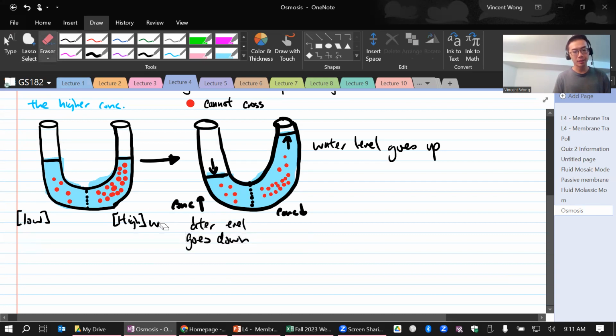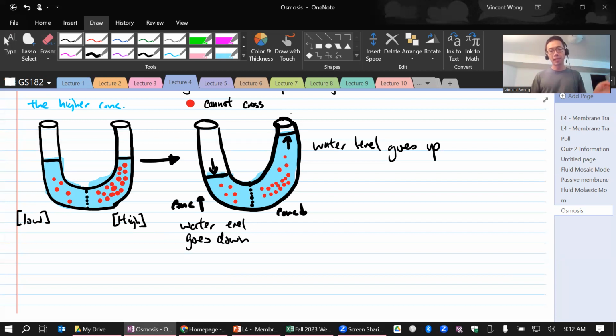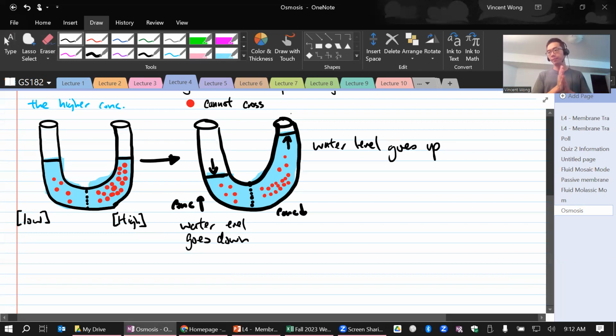But the same level of water on both sides? At the beginning it's the same level, but afterwards you see the water moved up on the right side. So as the water goes to the right, it will dilute the right side and then concentrate the left side. Okay, thank you.